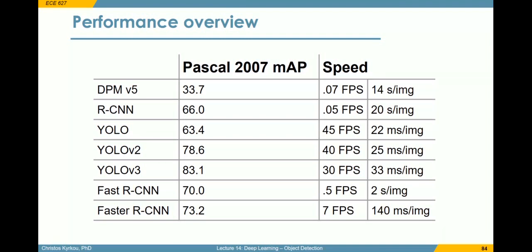So depending on if you are looking for real-time performance, you could shift towards YOLO or single-shot methods in general. If you are looking for accuracy, you don't care that much about when you get your result, and maybe Faster-RCNN is a better solution for that task.